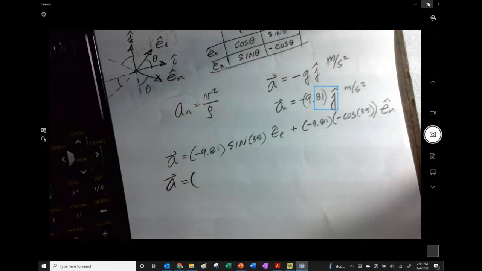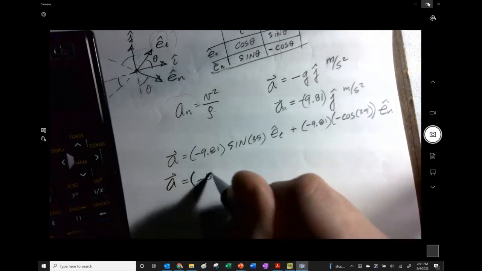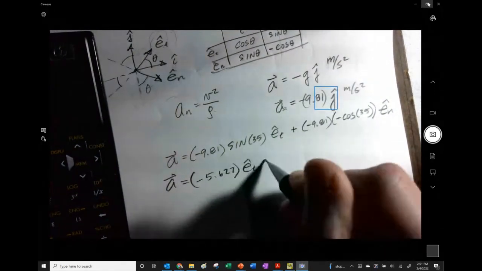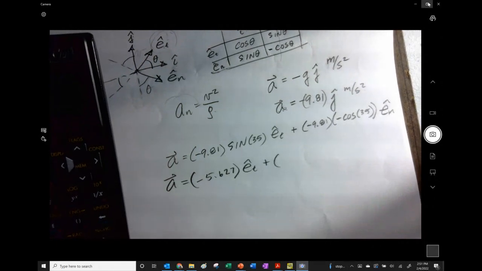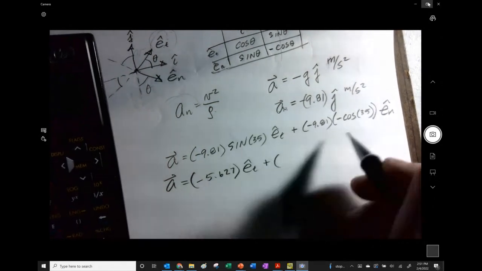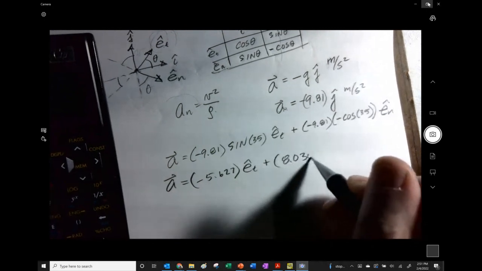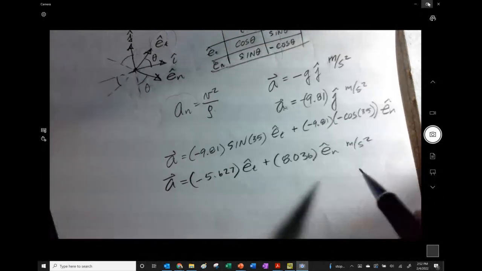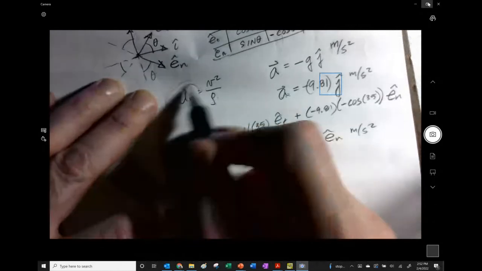So 9.81 times sine 35, and that's negative, so negative 5.627 ET, plus 9.81 times cosine 35, and that's negative, so it's positive 8.036 En meters per second squared. So what we know is that that's going to be An.